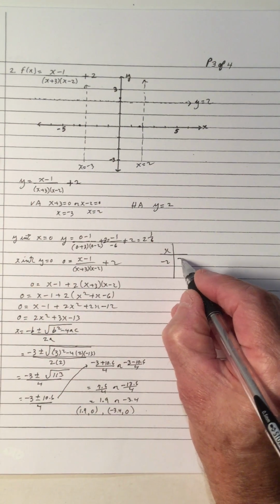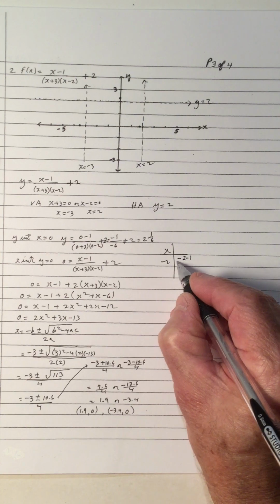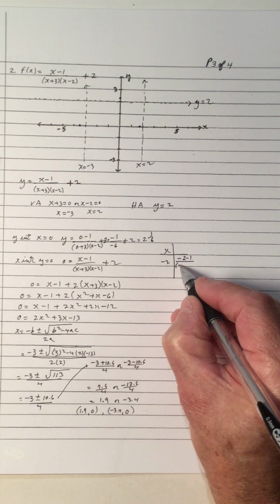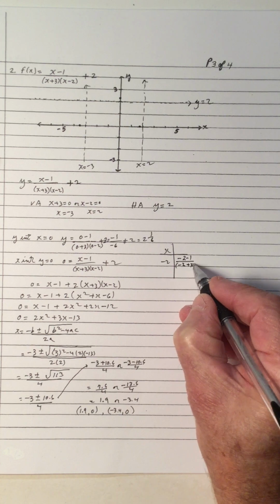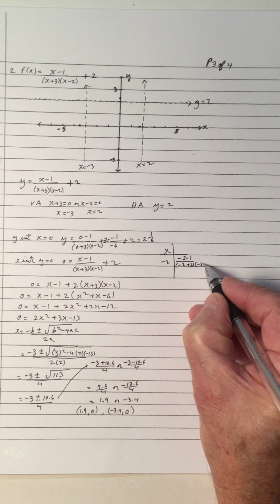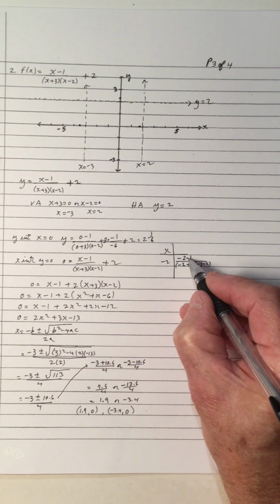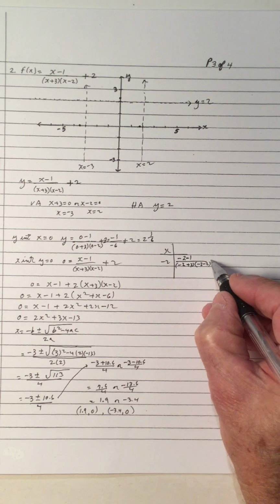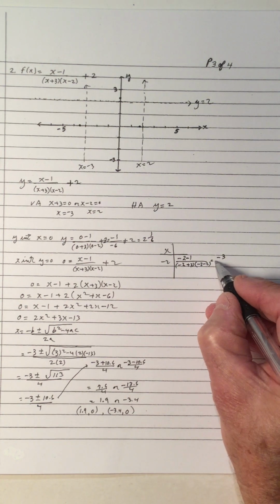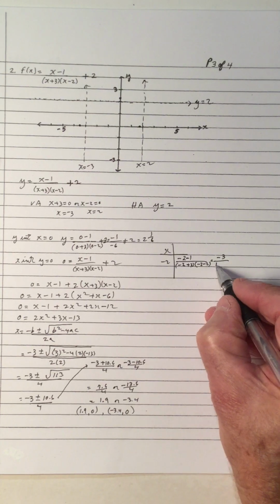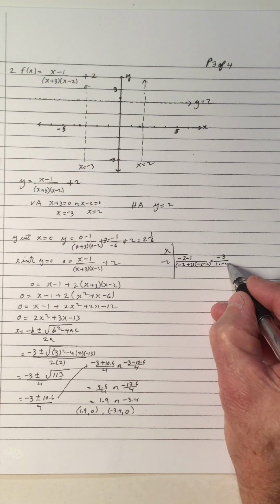So we have negative 2 minus 1 over negative 2 plus 3 and negative 2 minus 2. And so that gives us negative 3, and that's a 1 times negative 4.